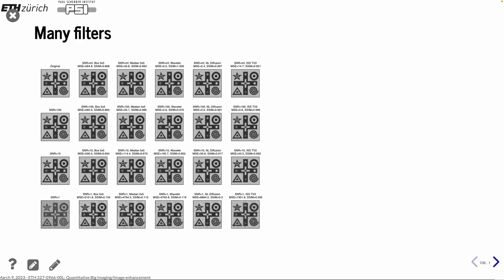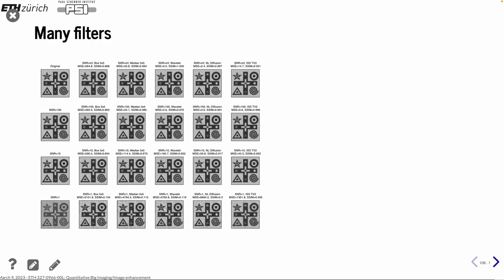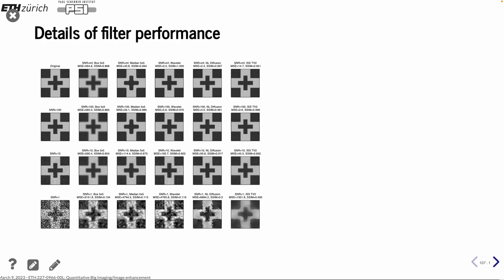And that brings us to a little summary. We have looked at very many different filters today. Here I have a matrix of all the main filter types and different signal-to-noise ratios. Looking at the finer details, the cross in the middle, this little cross here, you can see what the effect is under different signal-to-noise ratio conditions.